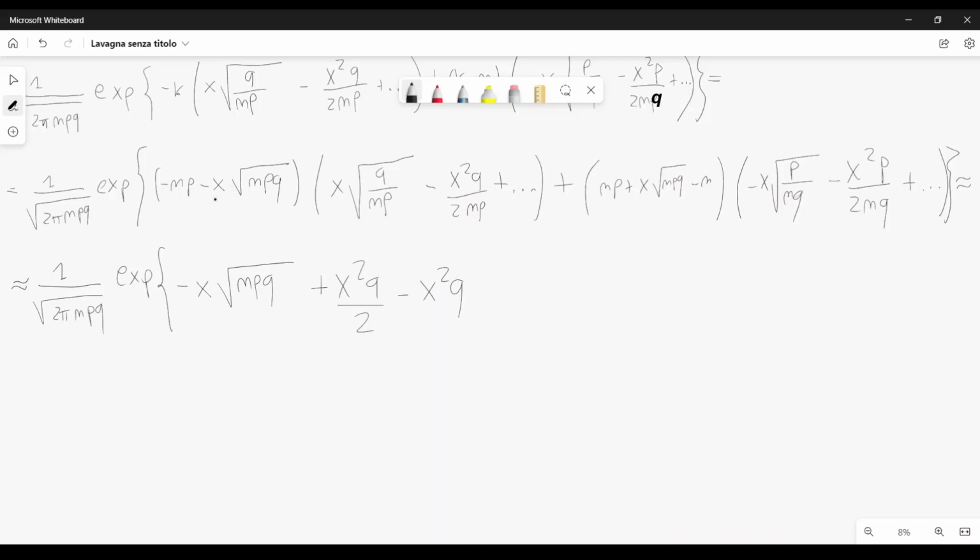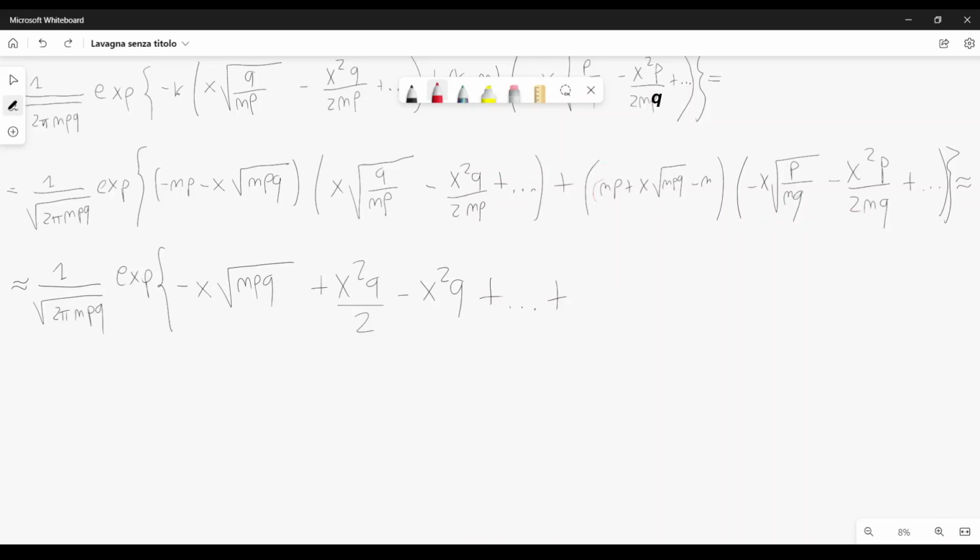Then I should in principle multiply this with this, but I multiply square root of npq with the 1 over np here, and I get 1 over square root of n. So this is a term of higher order, so I can neglect this. I will get plus dot dot dot.